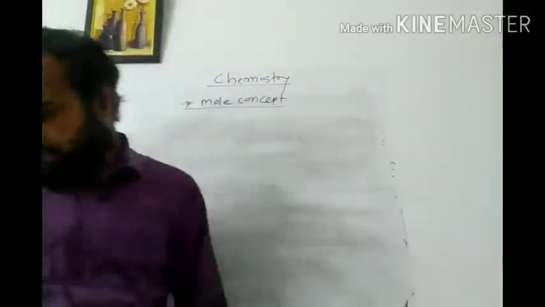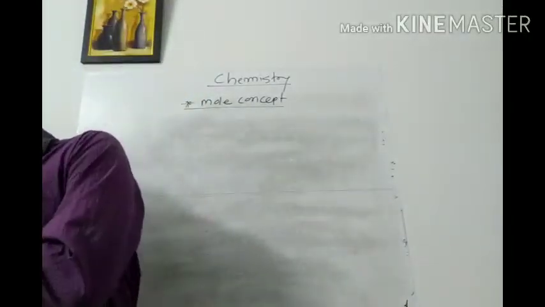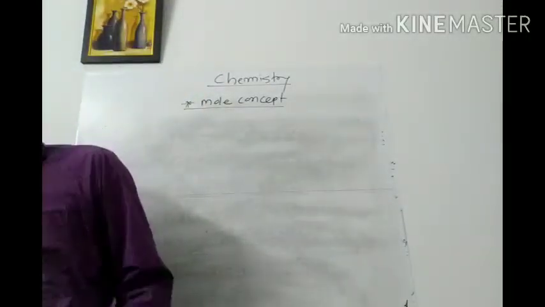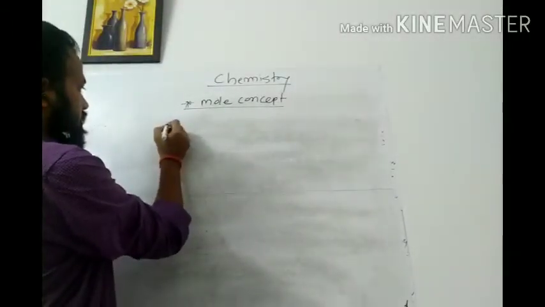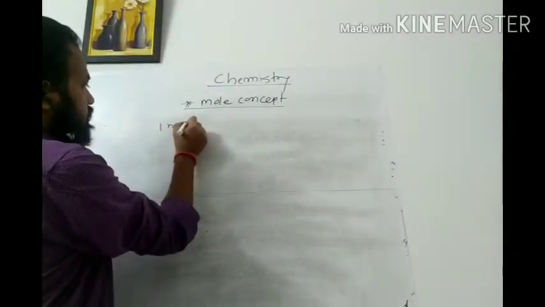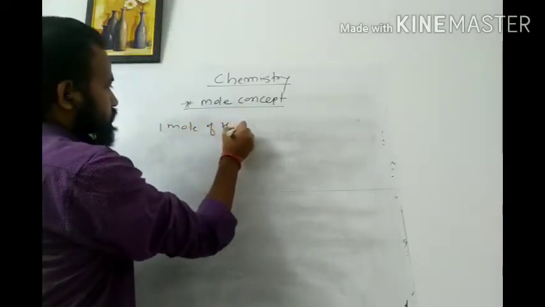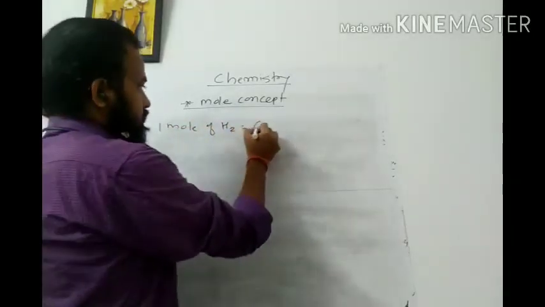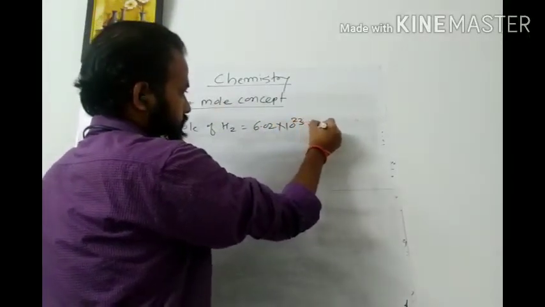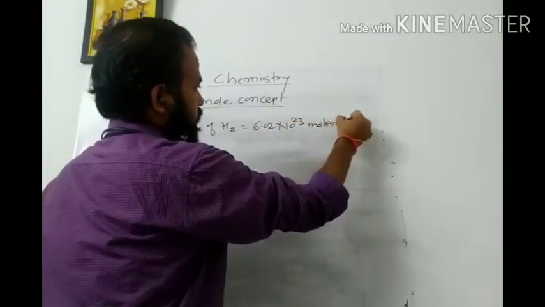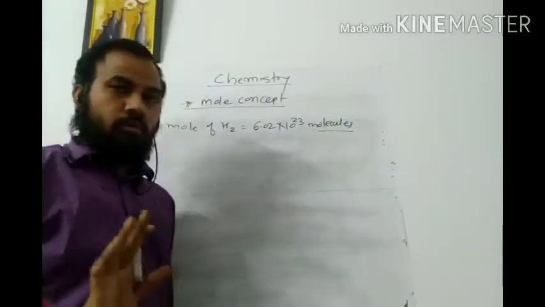Now for example, as I already discussed, 1 mole of H2 is equal to 6.02 into 10 raised to 23 molecules. Why molecules? Because hydrogen exists in the form of molecules.